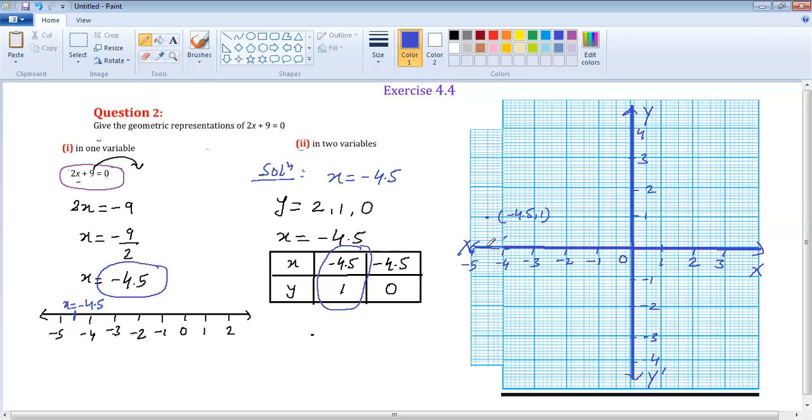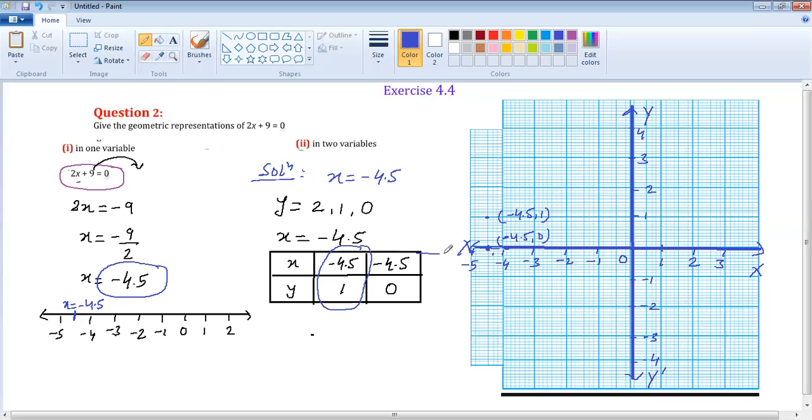So this one is on the x-axis, because we are only getting the value of x. So this one is the second point, that is minus 4.5 comma 0.